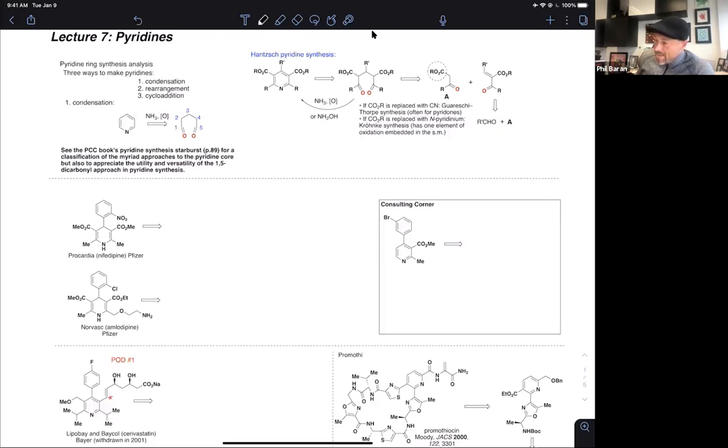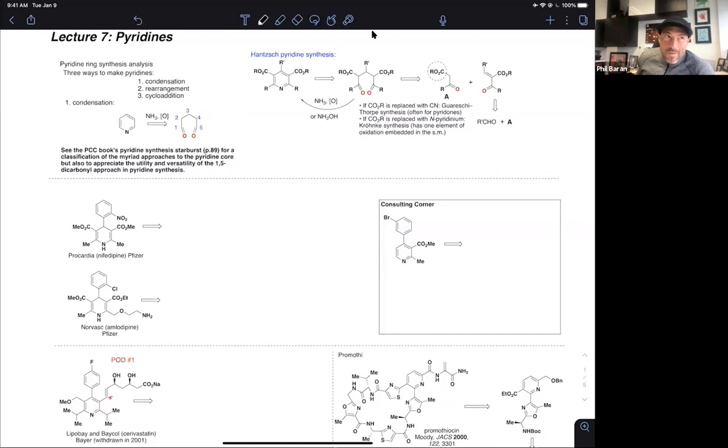And that is a consequence of the vast array of condensation chemistry available to the practitioner when they think about making pyridines. So 3 main categories of strategy can be used, and they really are 90% of the time going to be based on condensation, occasionally based on rearrangement, and occasionally based on cycloaddition.